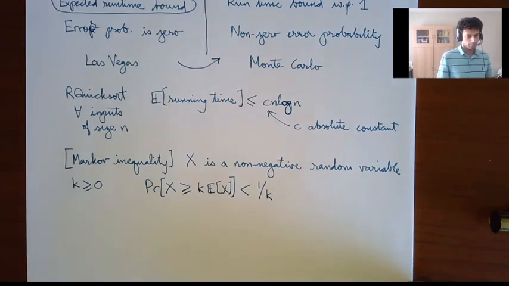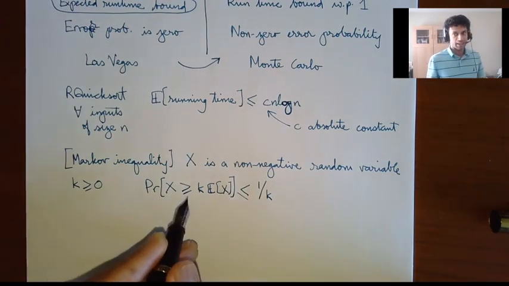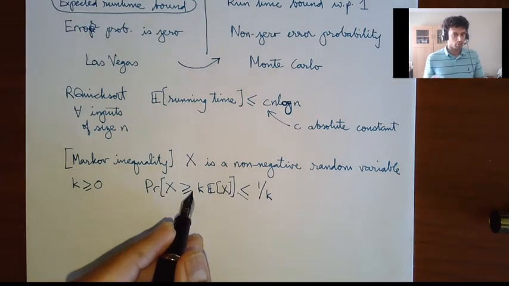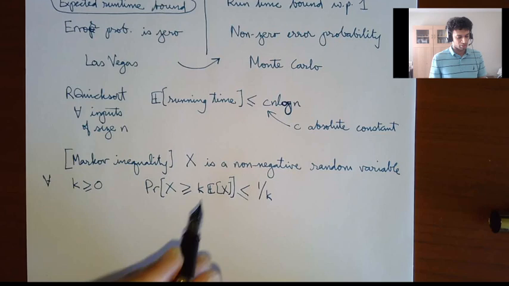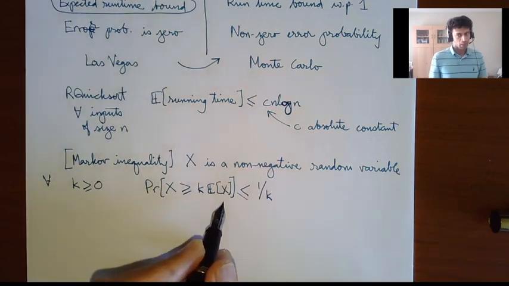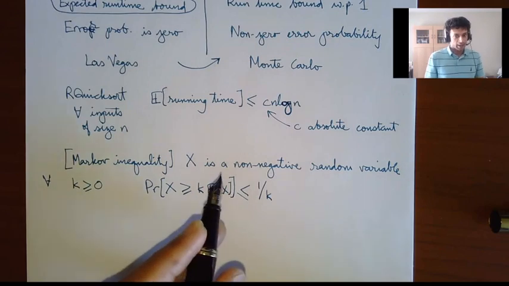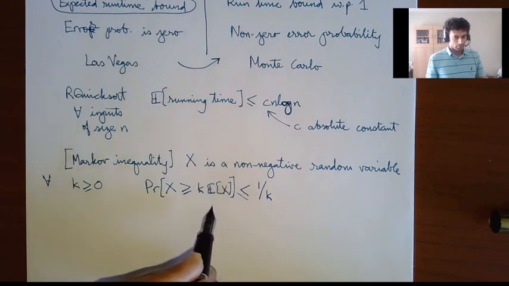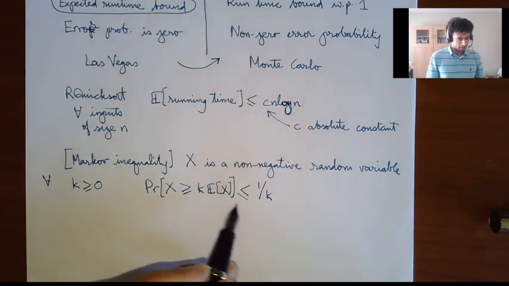This holds for all k. When k is less than 1, it doesn't tell you anything. But when k is large, it tells you that a non-negative random variable cannot be much larger than its expectation.